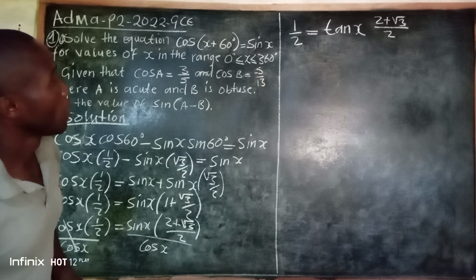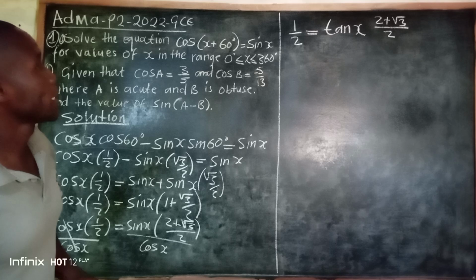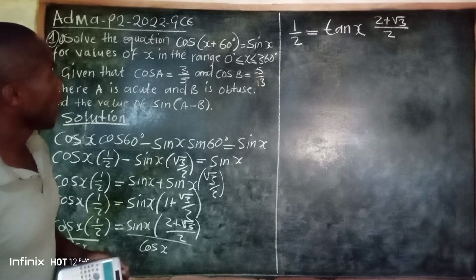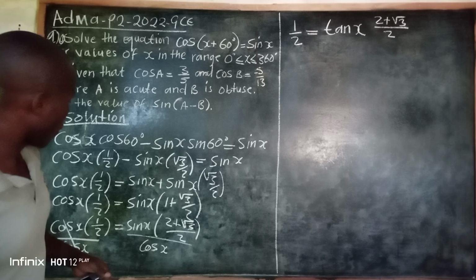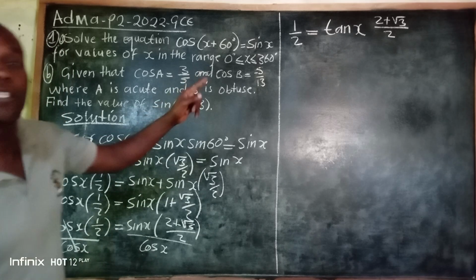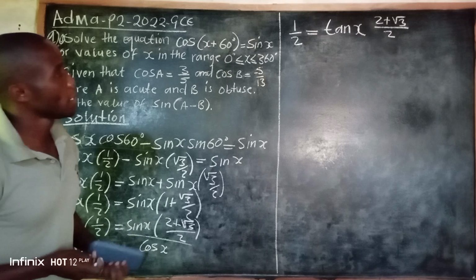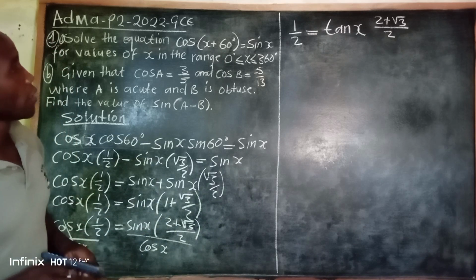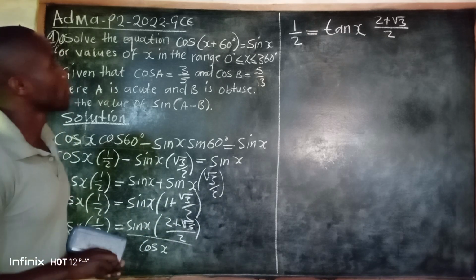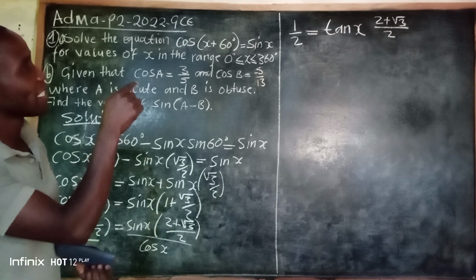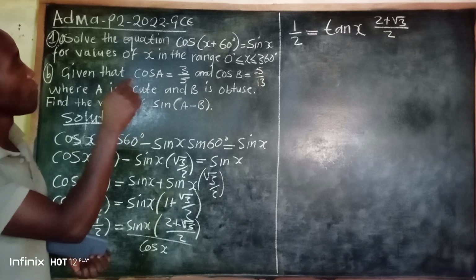So now from there, what are we going to do? Remember, our area of interest is to find the value of x. So it means we want to remain with tan x as the subject of the formula.